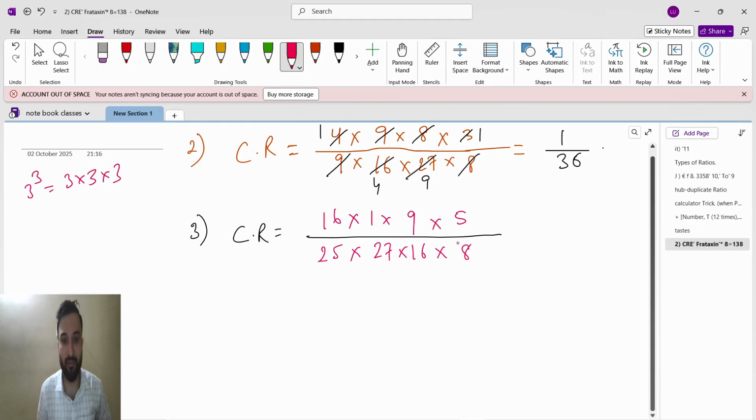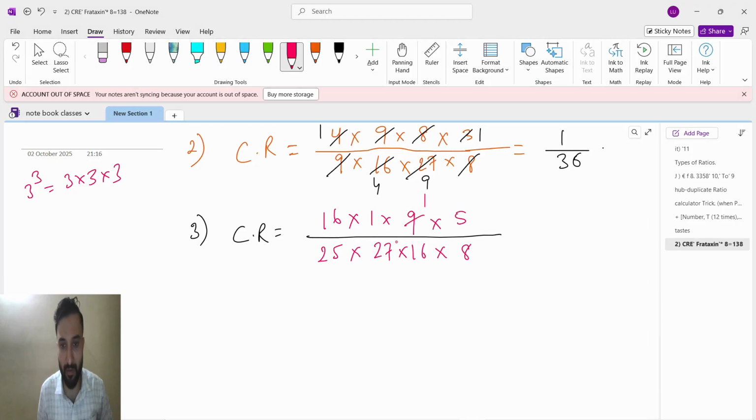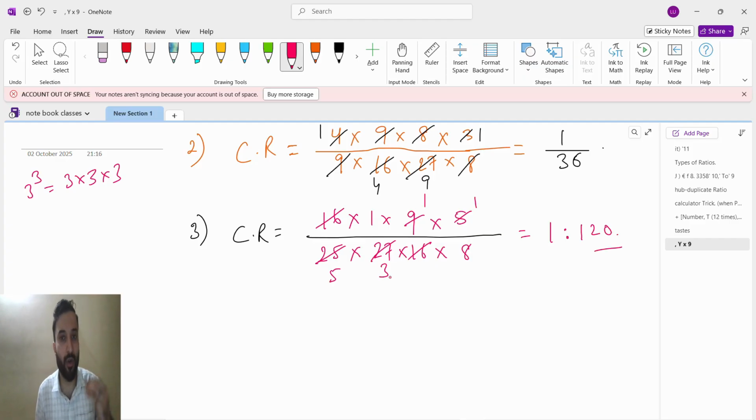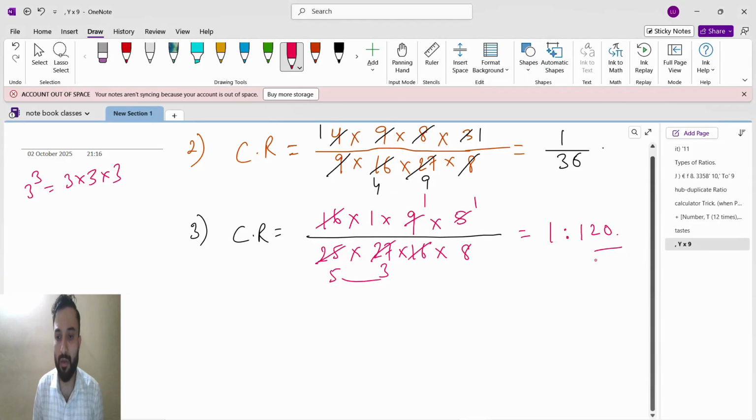Now we will cancel where it is getting cancelled. See here, 9 ones are 9, 9 threes are 27, 16 will get cancelled, 5 ones are 5, 5 fives are 25. So in the numerator we have 1, and in the denominator 5 threes are 15, 15 into 8 is 120. Guys, you can do 15 into 8 in the calculator, but for easy calculations like 5 into 3 or 4 nines are 36, don't use the calculator, you are wasting time.